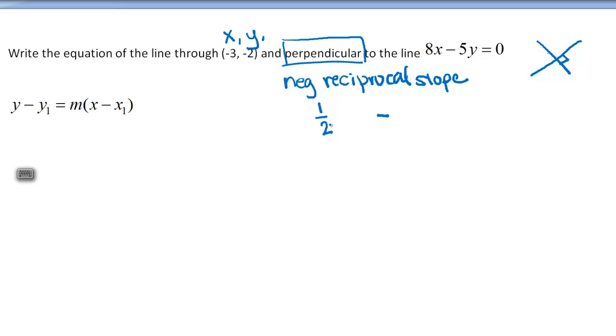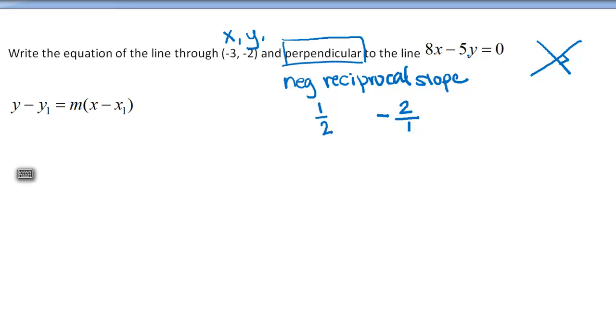Reciprocal means to put the numerator on the denominator side and the denominator on the numerator side. So this 2 goes up here, and the 1 goes down here. This is an example of perpendicular slopes, because they have opposite signs, and reciprocal means 1/2, 2/1.